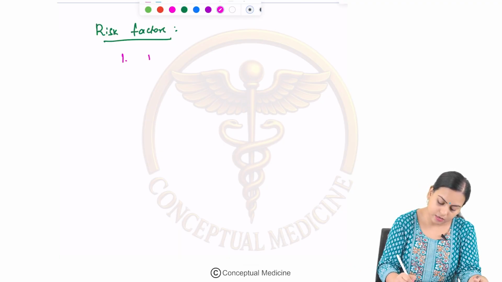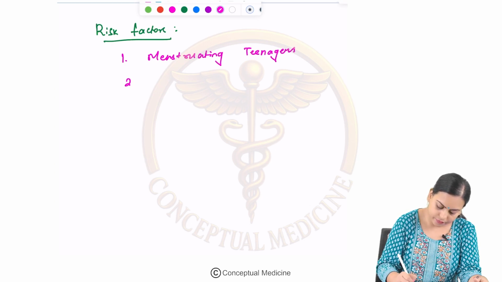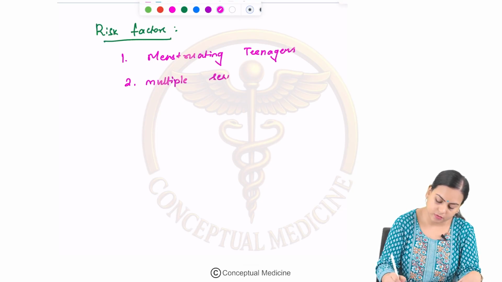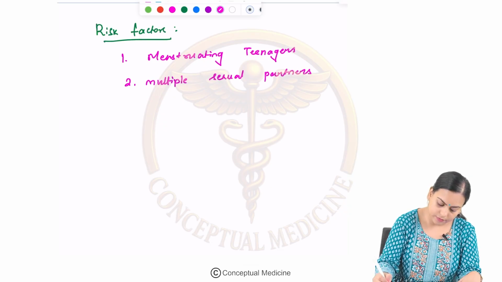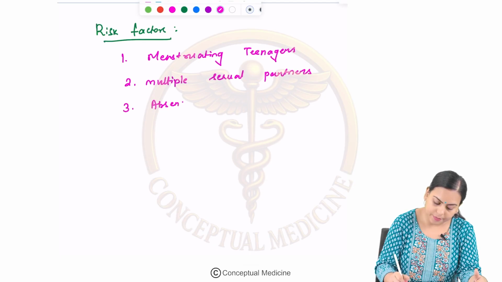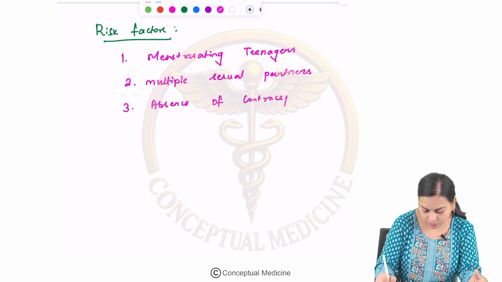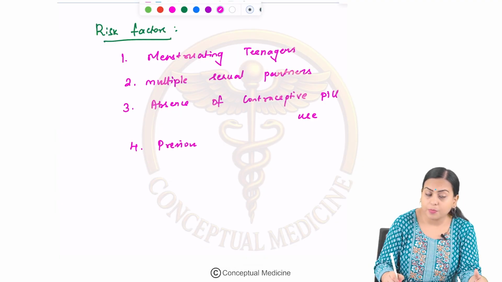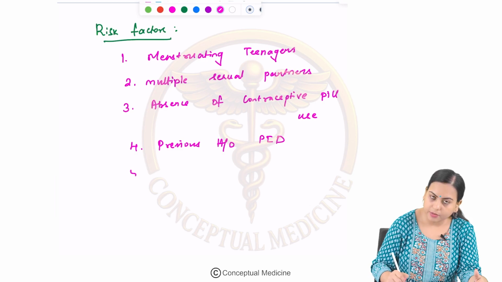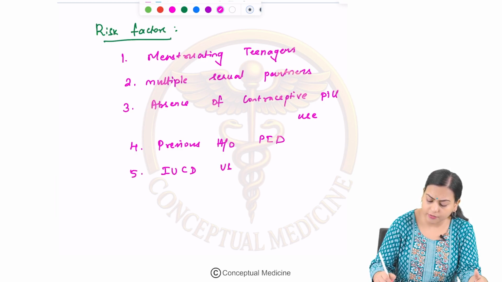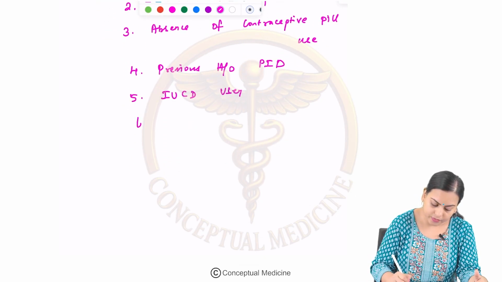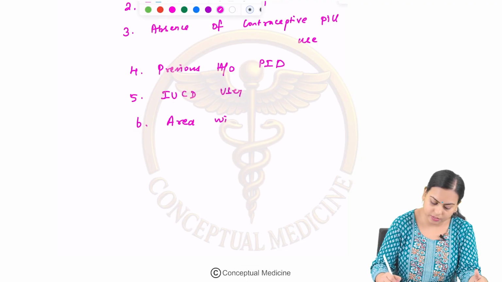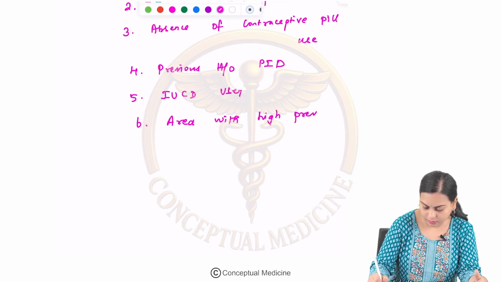It is seen in menstruating teenagers who are having multiple sexual partners, absence of contraceptive pill use, a previous history of pelvic inflammatory disease, an IUCD user, that is intrauterine contraceptive device user, and finally, in areas with high prevalence of sexually transmitted disease.